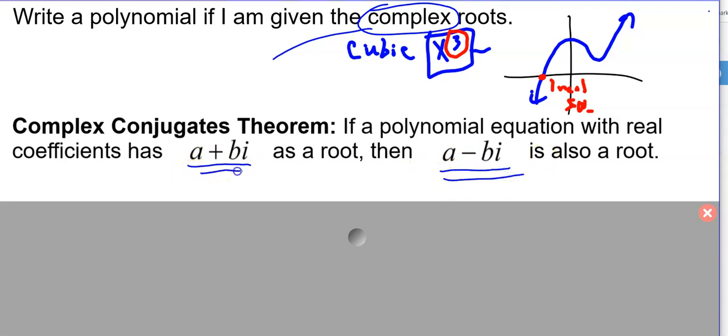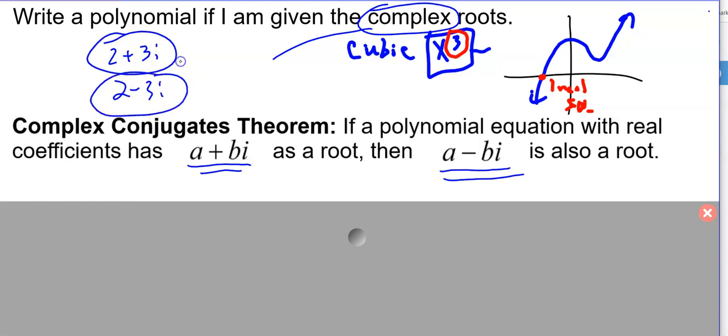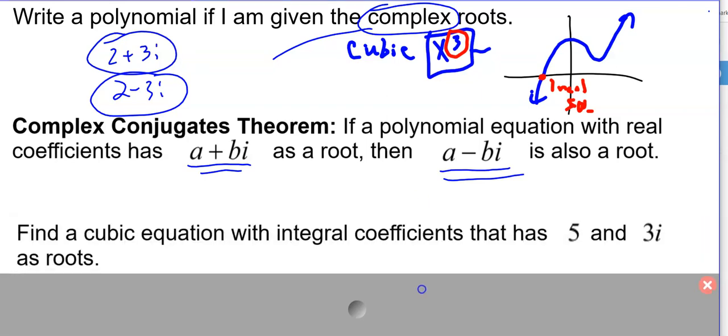Look how similar these are. One is a plus bi, another one is a minus bi. So if 2 plus 3i is a solution, then 2 minus 3i would also be a solution. The complex solutions will come in pairs, and that's always going to be true.